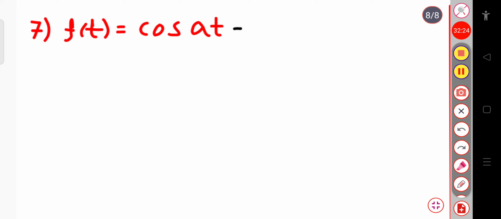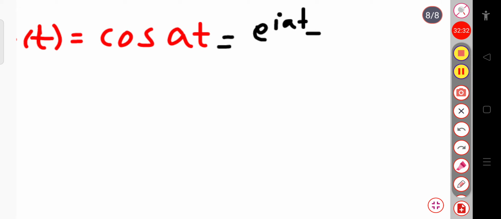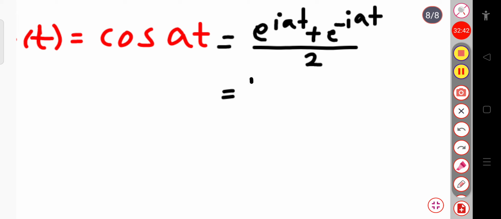This is equal to exponential iota at plus exponential minus iota at divided by 2. Now we can separate these two terms. This will be 1 by 2 into exponential iat plus 1 by 2 into exponential minus iat.